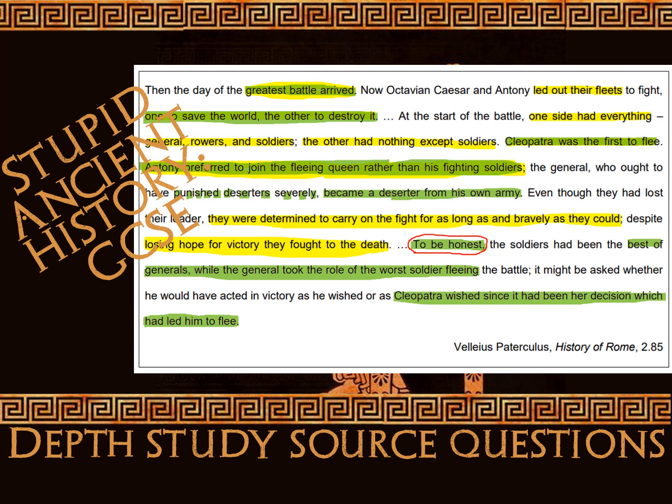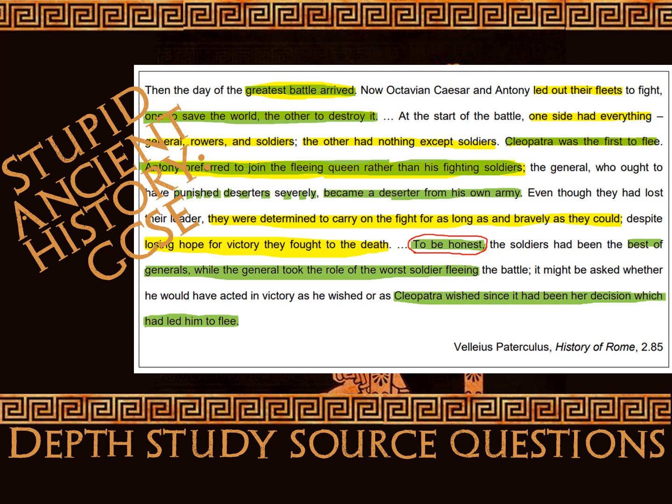So we said Octavian saving the world, Antony and Cleo are out to destroy it. Straight after that, we get this emphasis on Cleopatra running first. So straight away, Paterculus is saying Cleopatra is the first to run, even though we know, and we can throw this in to help push this argument, that it's actually Cleopatra who's keen for this battle to happen at sea, or arguably for this battle to happen.